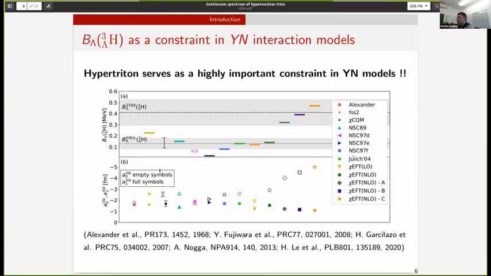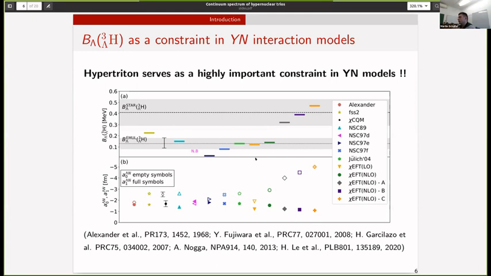So why is the B lambda of the hypertriton such an important constraint in lambda-nucleon interaction models? If we look at multiple quark models, meson exchange models, or chiral EFT models, where here I describe only the cutoff value of 500, we see that basically all of these models, since there is a lack of low-energy scattering data, try to help themselves with the lambda separation energy of the hypertriton.